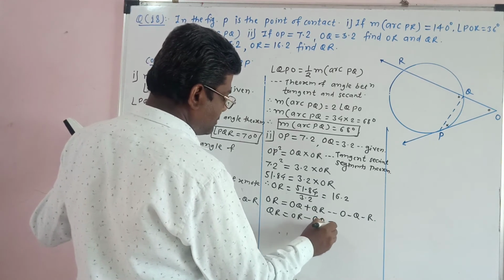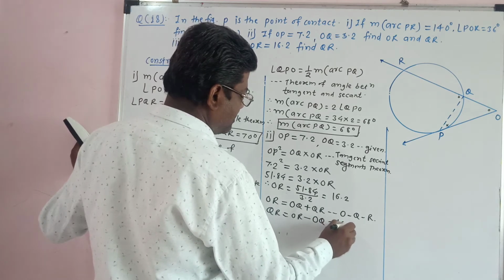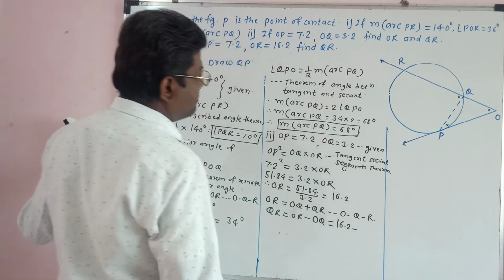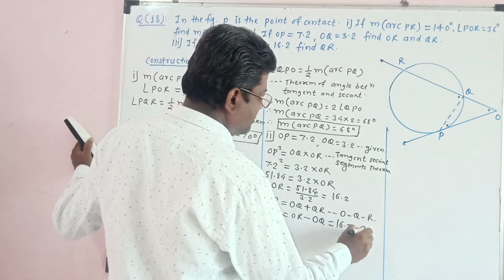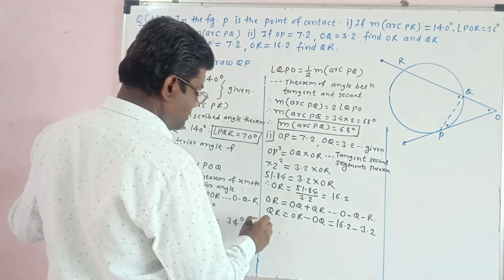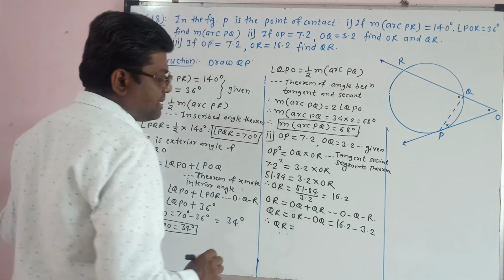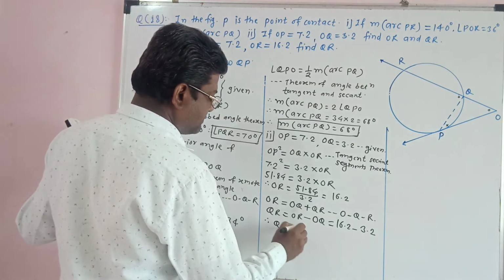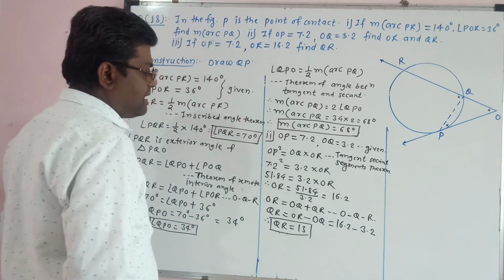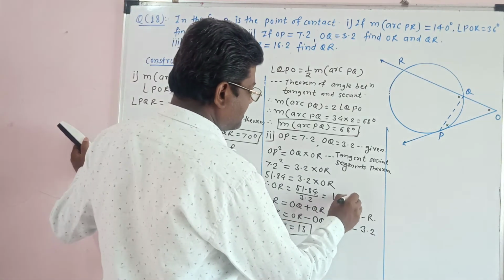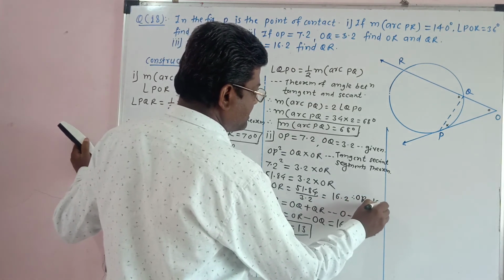OR is 16.2 and the value of OQ is 3.2. Therefore QR is equal to 13. And here we get answer OR is equal to 16.2.